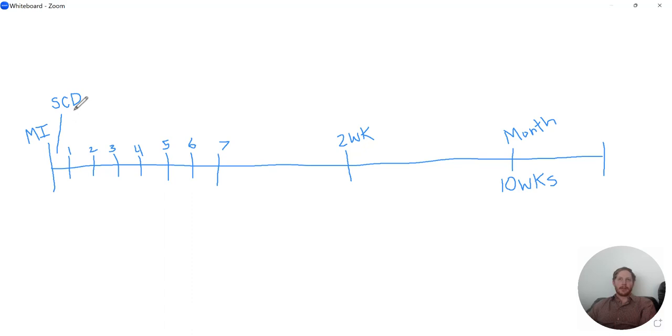So the first thing is sudden cardiac death, usually from ventricular tachycardia or arrhythmia. Then you have an overlapping window between 0 and 3 days, and that's your early, it's called EIAP. Do you guys know what that is?